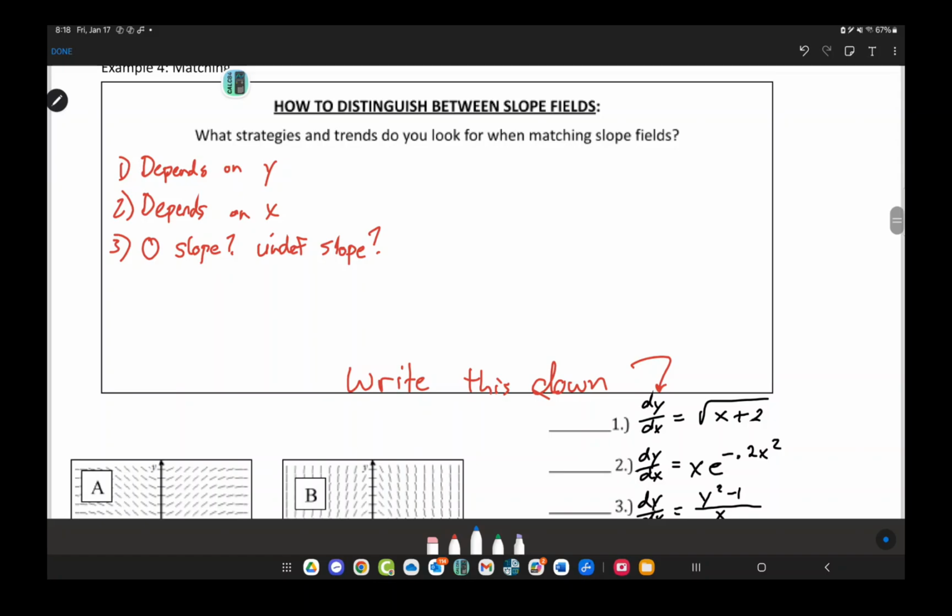We kind of did this yesterday. Any quadrants? All positive or all negative?